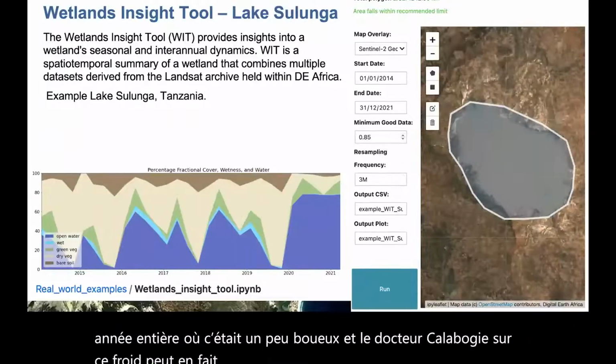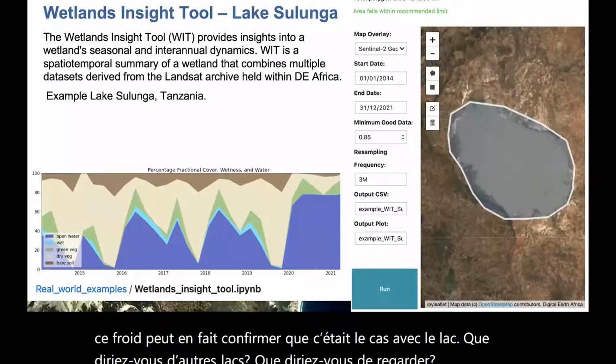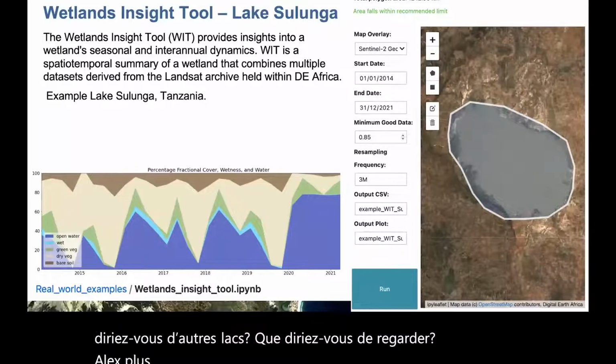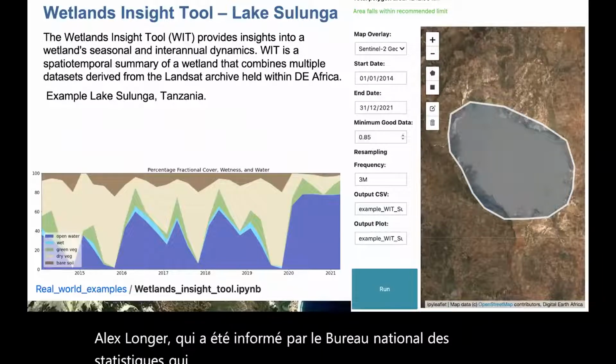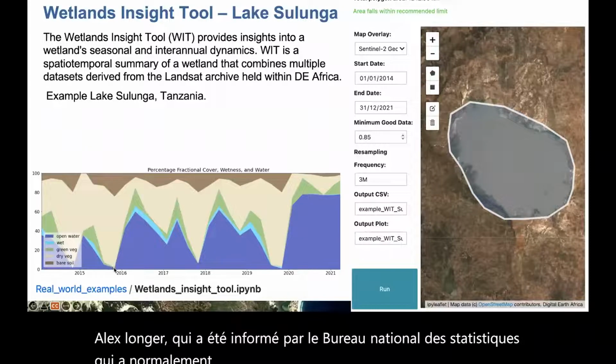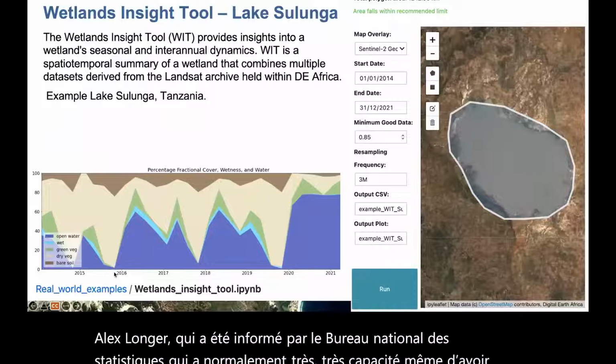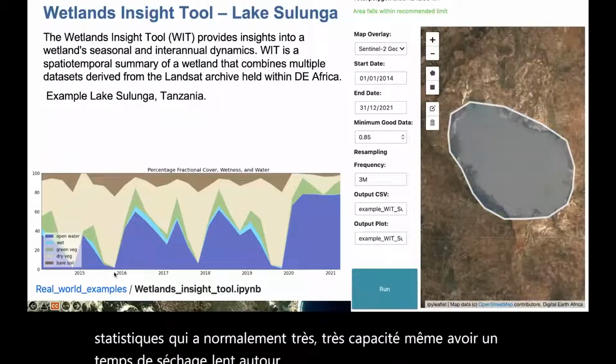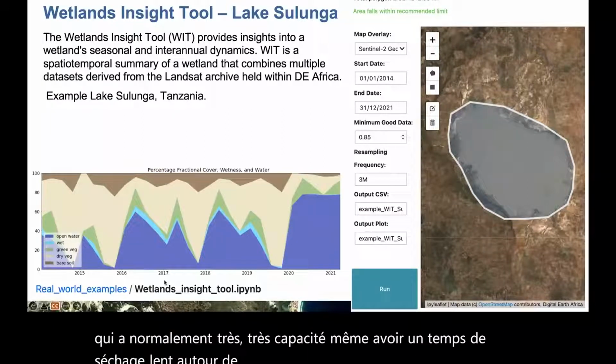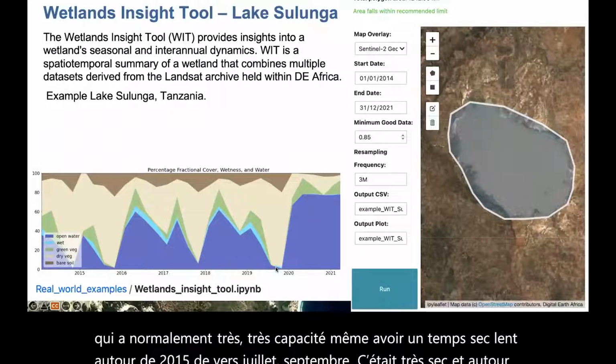How about other lakes? I was able to look at Lake Lunga, which the National Bureau of Statistics informed us normally has a lot of variability, even having a low dry time around 2015, towards July to September. It was very dry, and also around sometime in 2018 and sometimes around 2020.